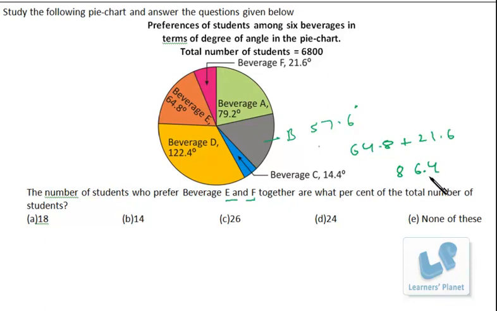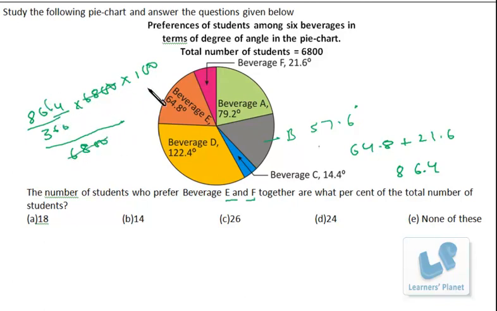So it's 86.4 by 360 into 6800. This is the number of students who prefer beverages E and F. Now this is what percent of 6800 that we have to calculate, right?